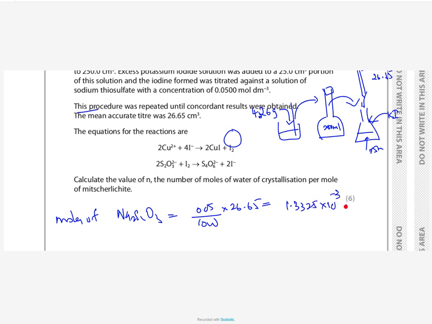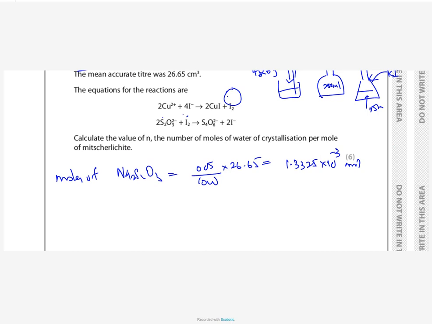Once you know the number of moles of thiosulfate, you can easily find the number of moles of iodine. That's half of it. And that multiplied by 2 is the moles of copper 2+ ions.